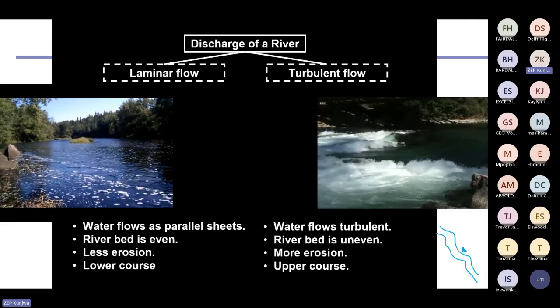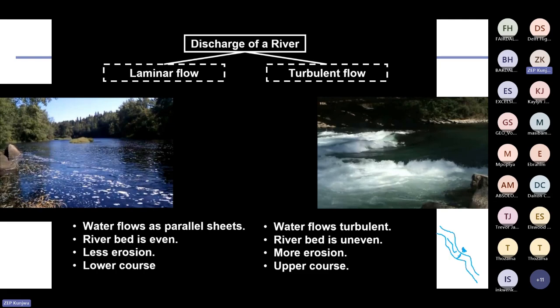So that is the point I'm talking about. How much water is passing here in this particular point per second? So that is the discharge that we are looking for here.